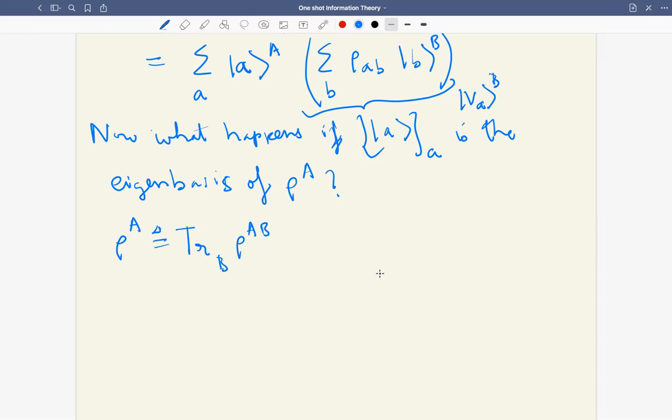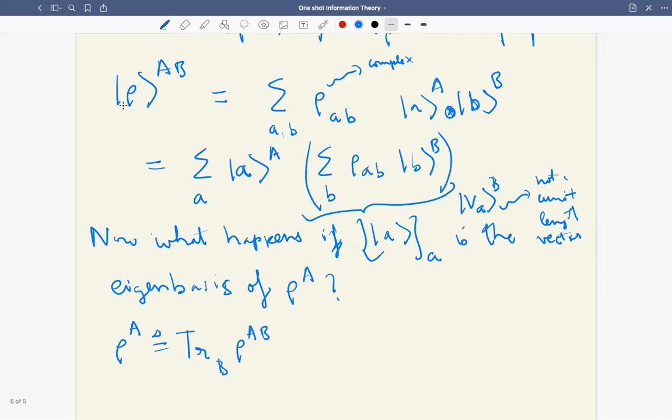So V sub A is a vector in B, and it is in general not even a unit length vector. You can easily see because this overall thing is a unit length vector, right?